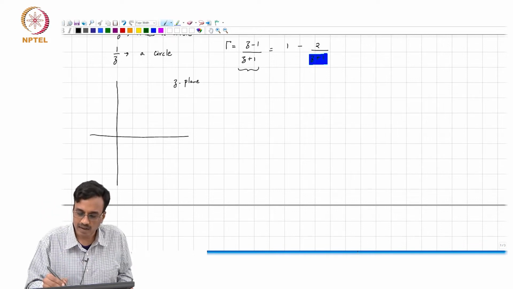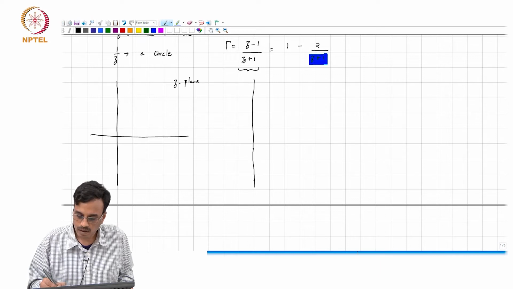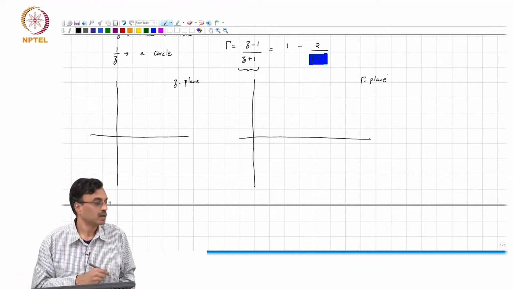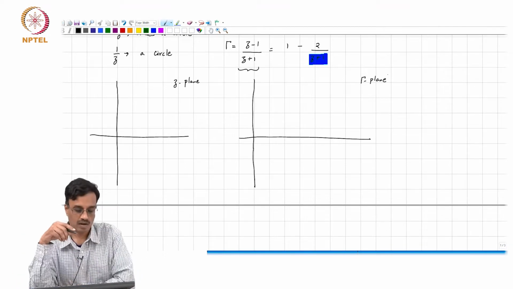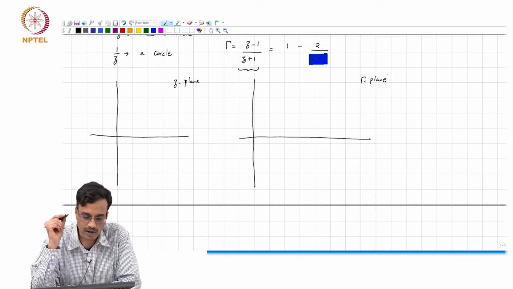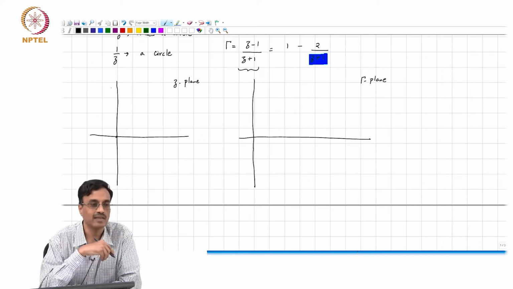Okay. Now we know that if we now plot what happens with some crucial points on the z plane in the gamma plane, right? This is also called the reflection coefficient plane, right? So what comment can you make about the y-axis in the z plane, or the imaginary axis in the z plane?